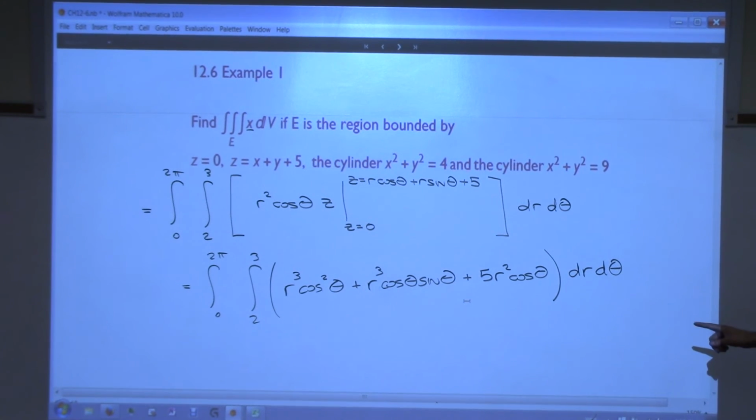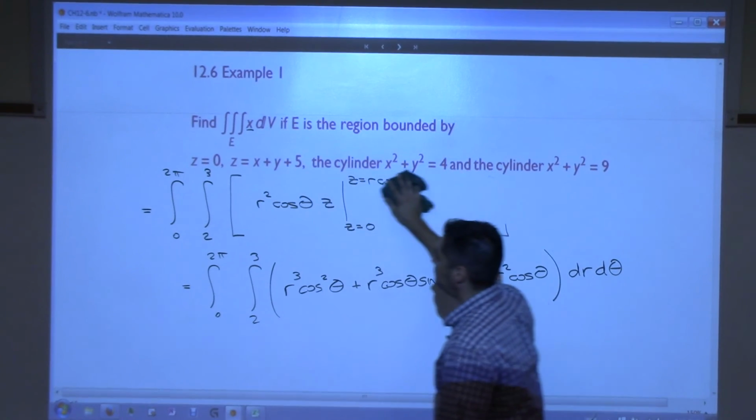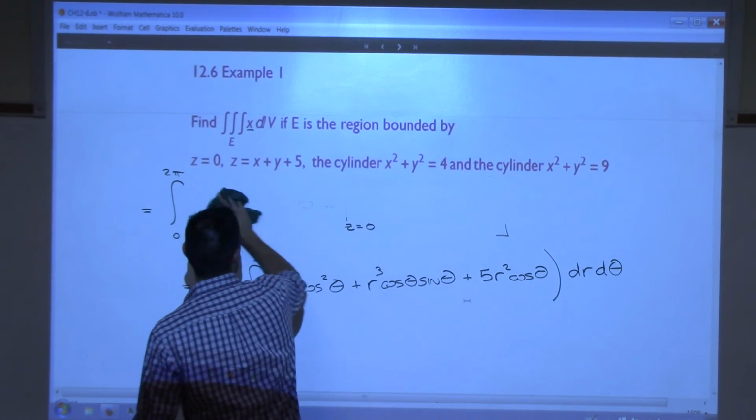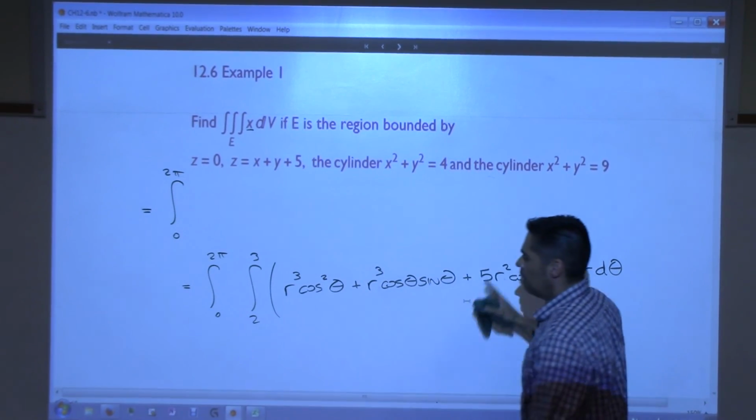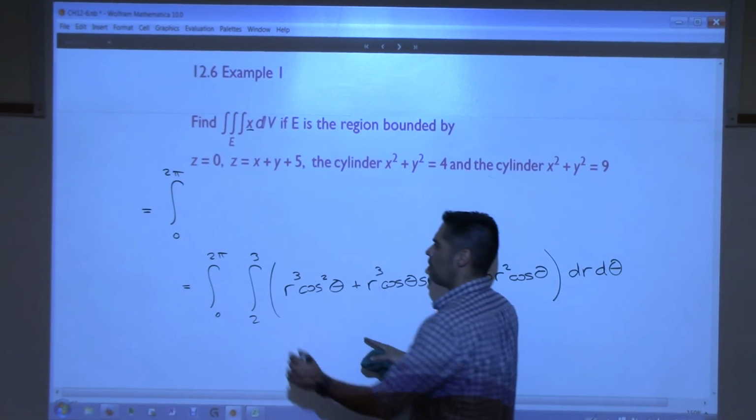Now I get to integrate with respect to r. I think I don't have enough time to move on and do more, so let me just finish this off. If I integrate this with respect to r now, I'm going to be in the middle integral. The antiderivative with respect to r is pretty easy to get.